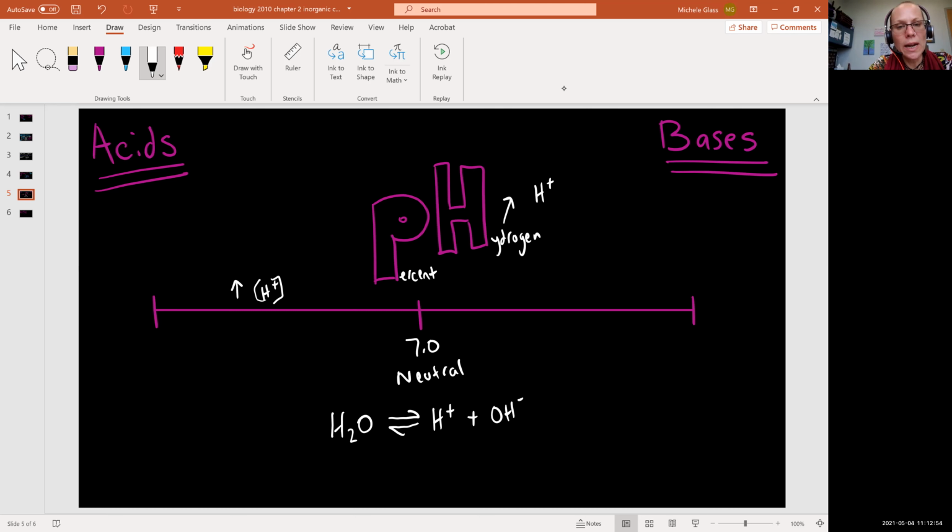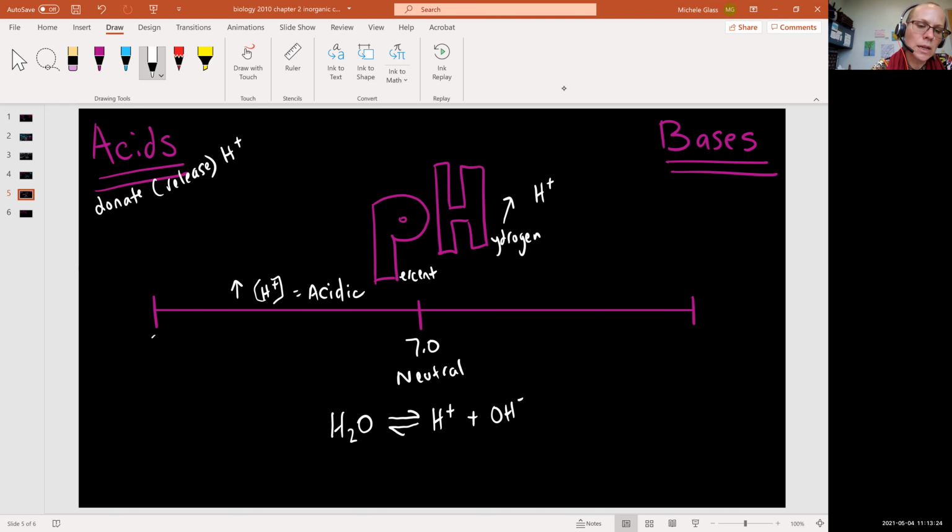If you push the reaction so you're releasing more H+, we're going to call this solution acidic. An acid is a molecule that is going to donate, or you can say release, hydrogen ion. Sometimes it's called a proton donor because remember, hydrogen ion is basically just a proton.